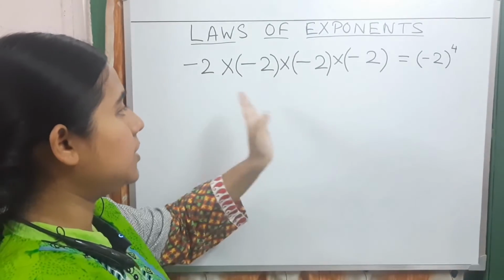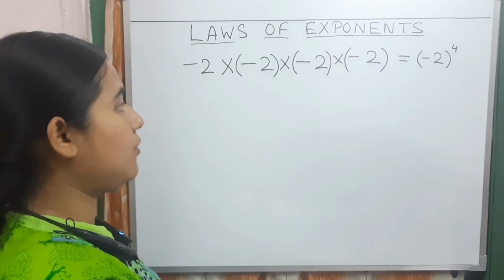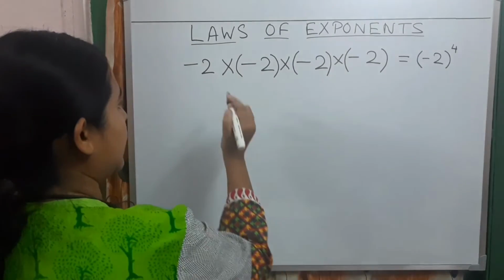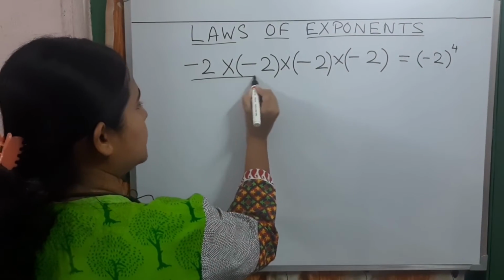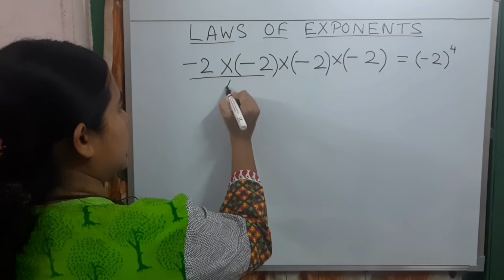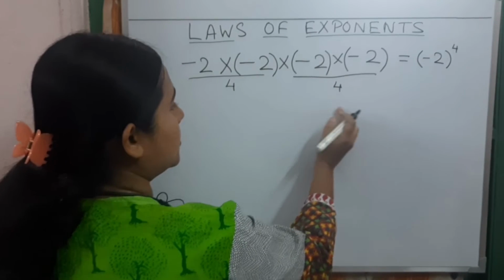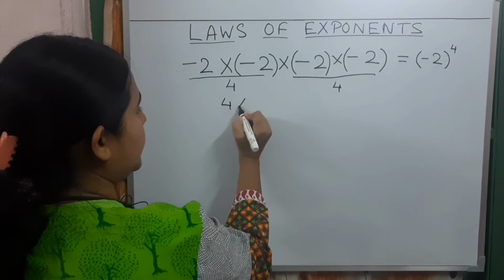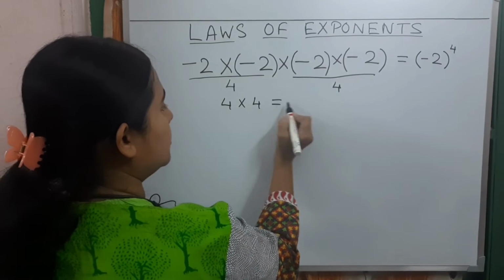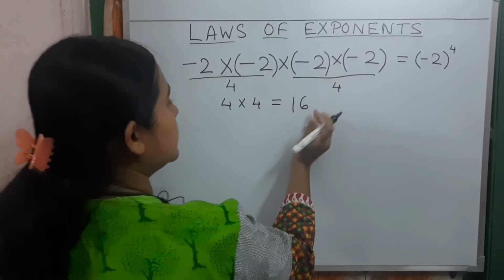So if I told you to calculate the value of this, you will calculate it like minus 2 into minus 2, that is 4, minus 2 into minus 2, that is 4. So 4 into 4 will be equal to 16.